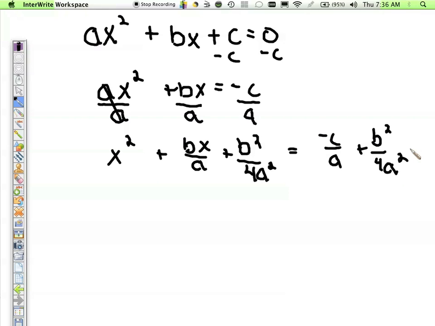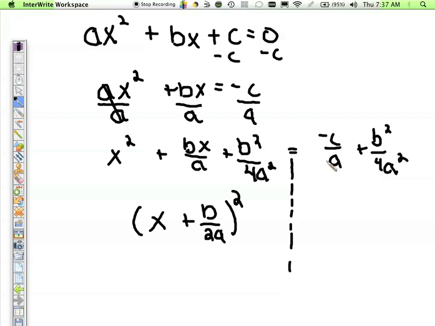Okay. My left-hand side, if you practice completing the square, is going to factor down to x plus b over 2a, quantity squared. On the right-hand side, let's simplify by getting common denominators.